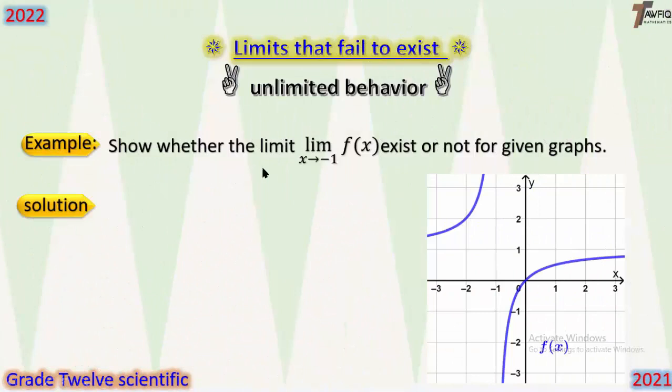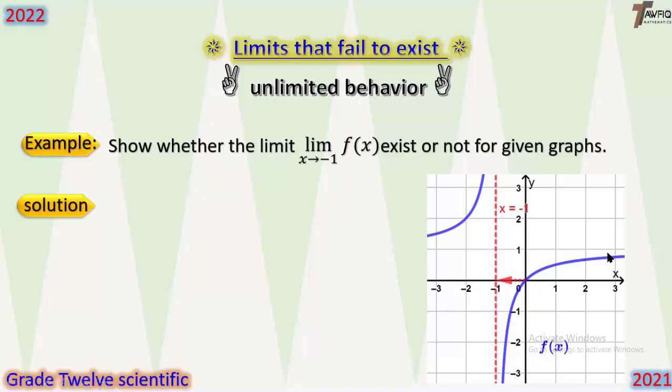Show whether the limit of f(x) as x approaches minus 1 exists or not for the given graphs. Here, when we approach from the right side of minus 1, you can see that the graph goes down. That means decreasing without bound.